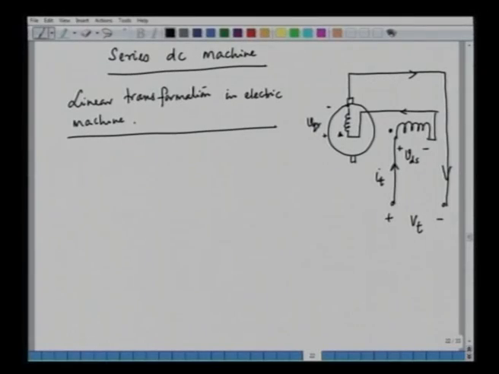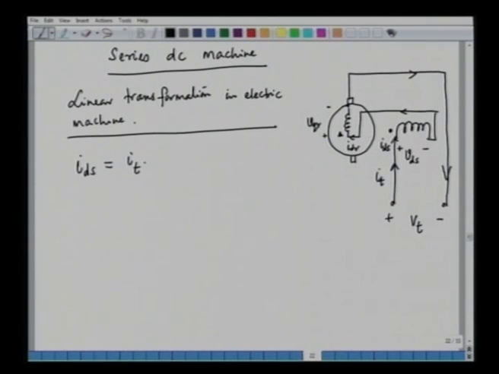Now this series DC machine has been connected like this. The armature is in series with the field winding, and we can write down this equation. Now, we have one stator and one rotor. This is our IDS, the D axis stator winding, and this one is IDR. So we can say that IDS equals IT.